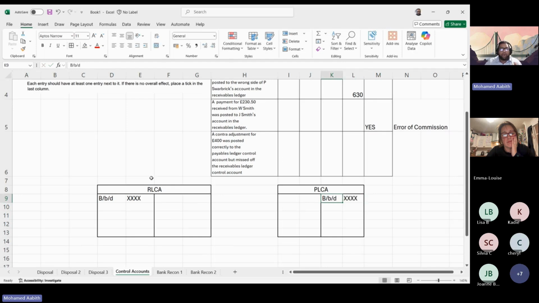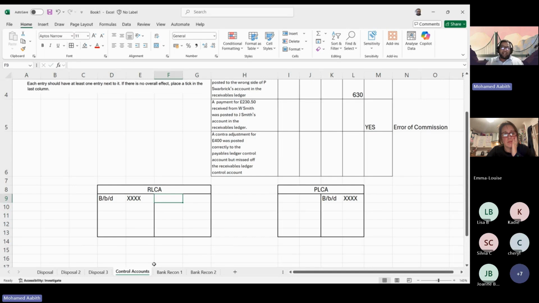So here, the contra entry was £400. When you're settling their balances, you make an entry into both control accounts to write off the balances on the opposite side. For example, I have a customer, I owe them £600 and they owe me £500. So the balance is £100.